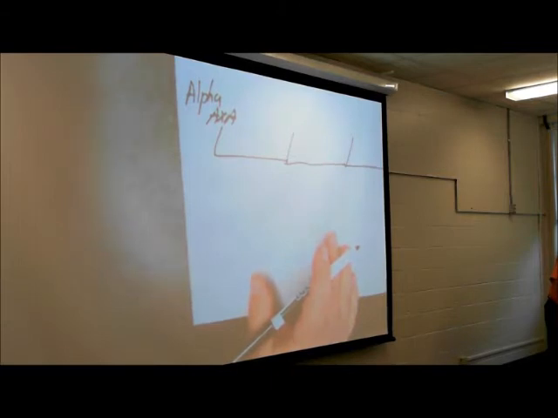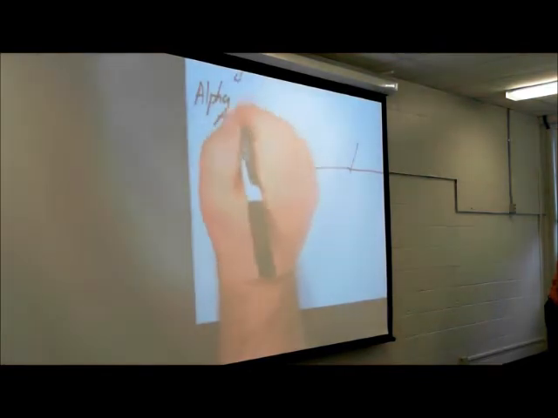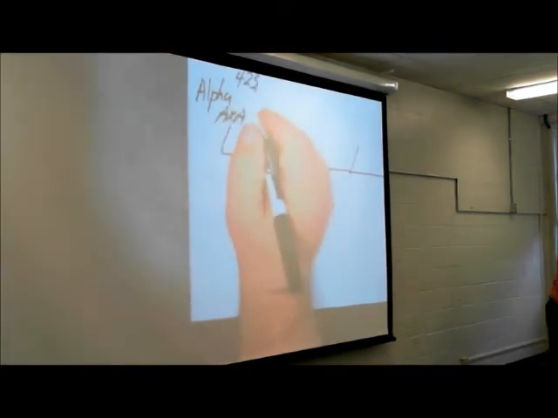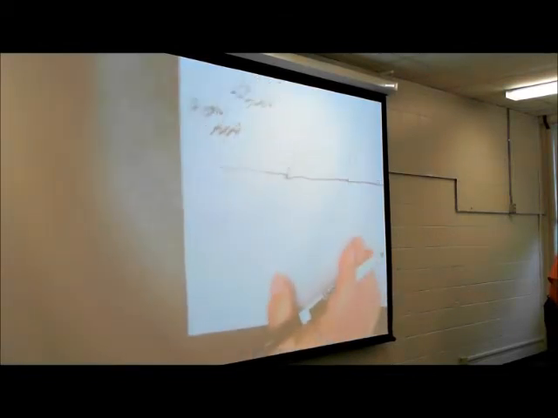What do we actually spend on alpha? 423,360. Those are nice ones they're given to us, right?